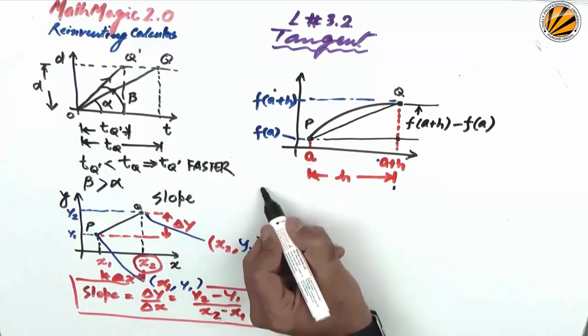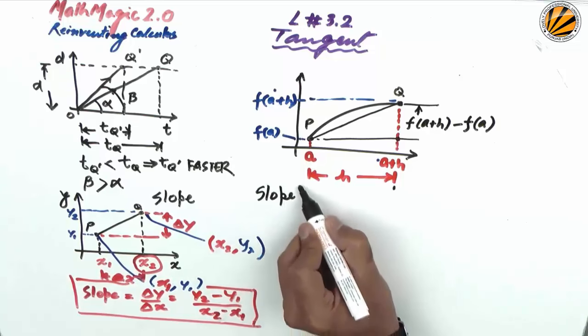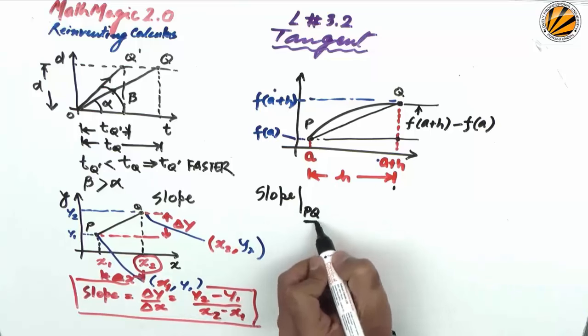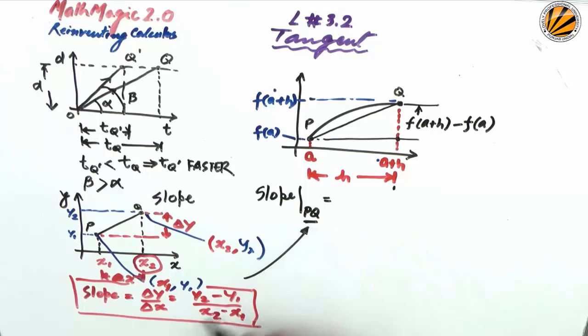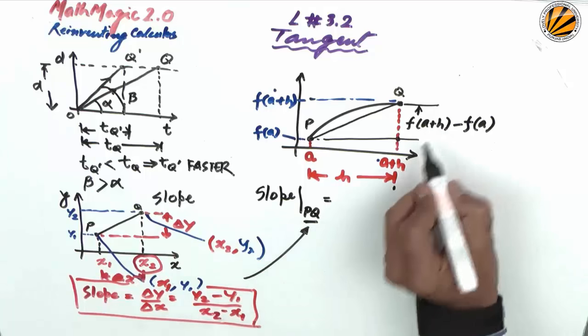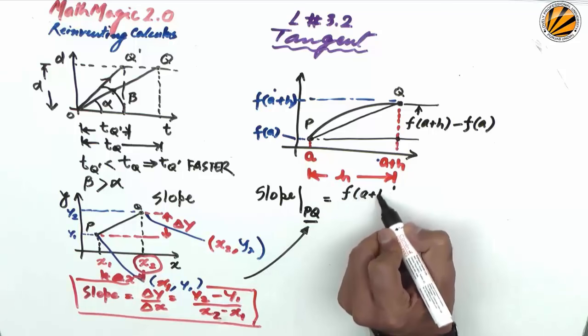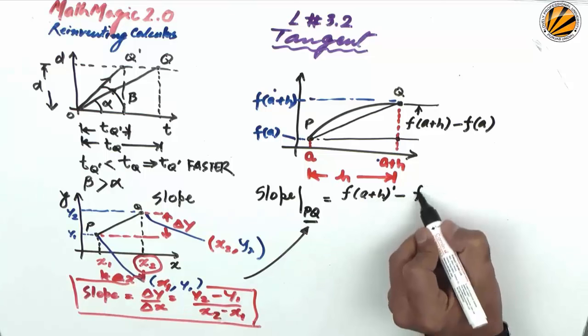So if I intend to find the slope between P and Q, of a line joining P and Q, again by the same principle, it is going to be depicted as f(A plus H), this is nothing but Y2 out here, minus f(A).